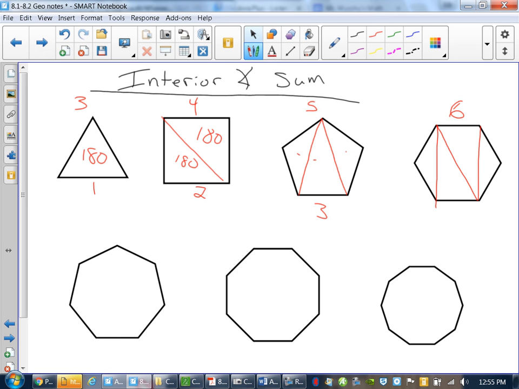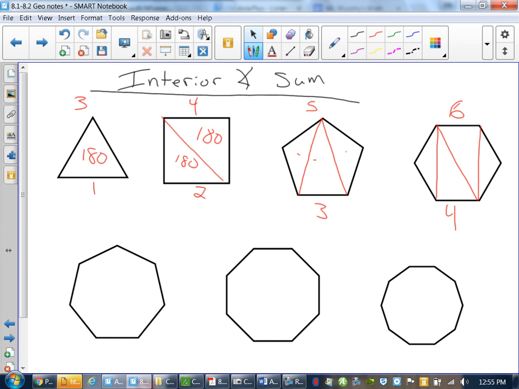So, how many triangles fit in a hexagon? 4. Can you sense a pattern? What is it? 1, 2, 3, 4, 5.